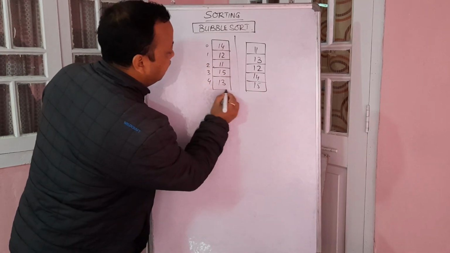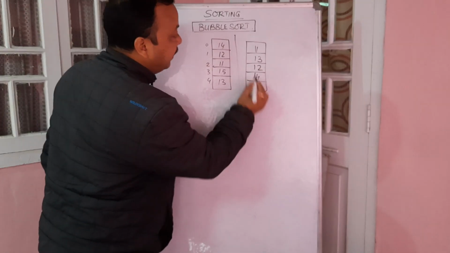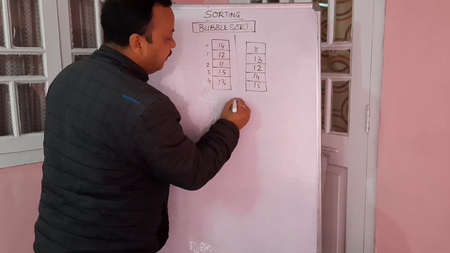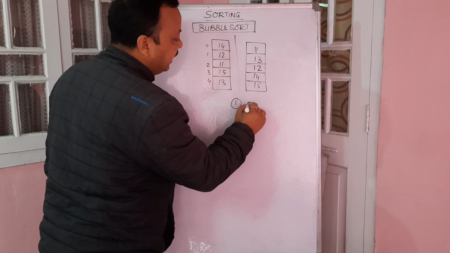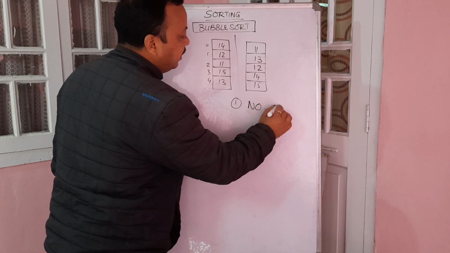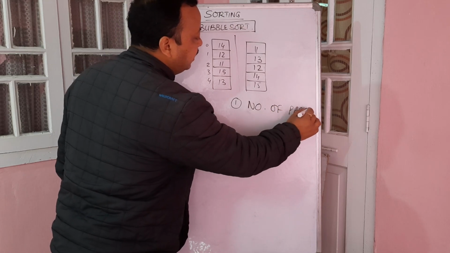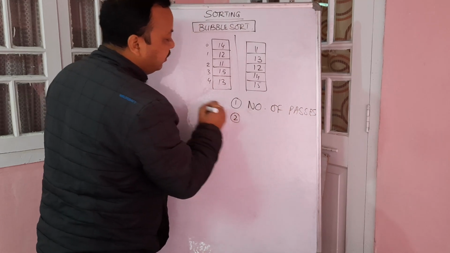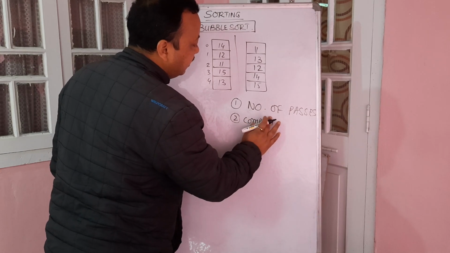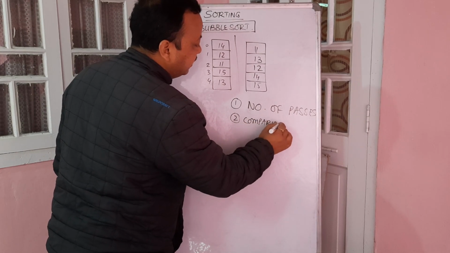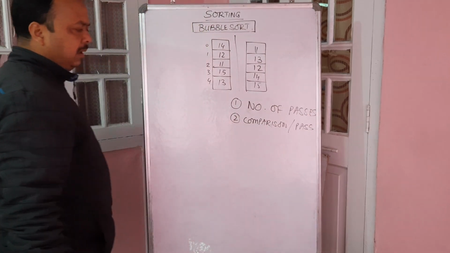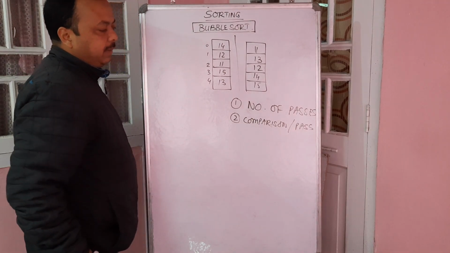Now you see, bubble sort starts, as I told you, from the bottom. Same concept as yesterday. First thing that you have to remember is the number of passes that are required. And number two, comparisons per pass: how many comparisons you require in every pass.